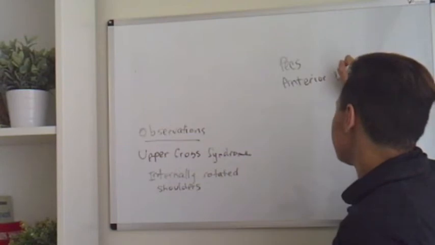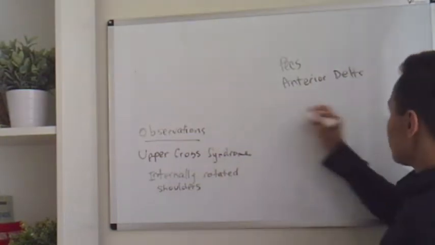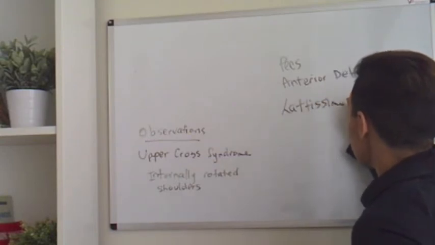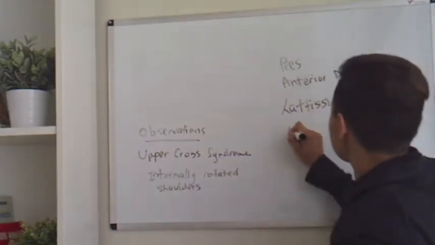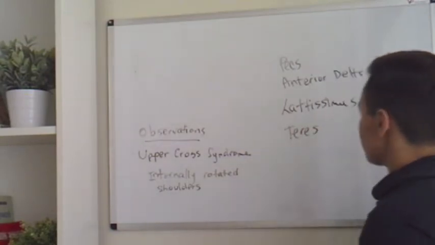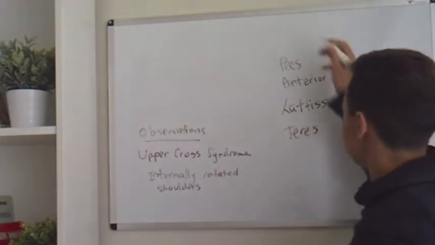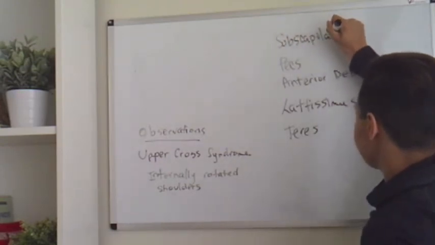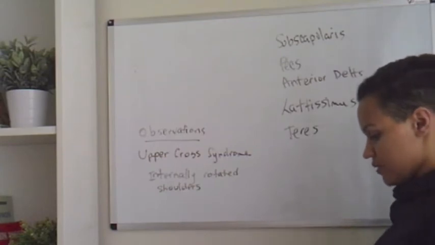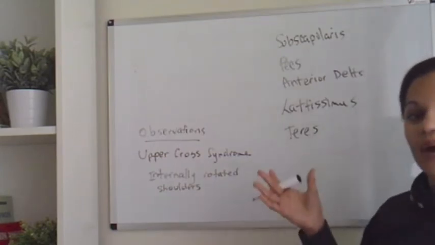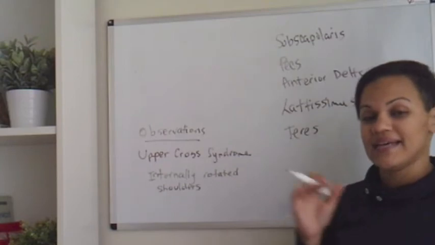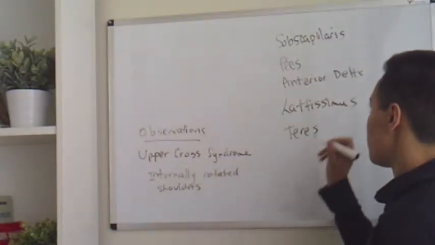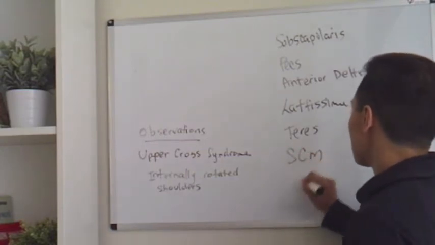We're also going to work on our lats, latissimus dorsi. Teres major will also play a part, and subscapularis. Of course, as we talked about before, we have our pec minor and pec major, as well as the SCM. Okay, our SCM and scalenes will also play a part here.